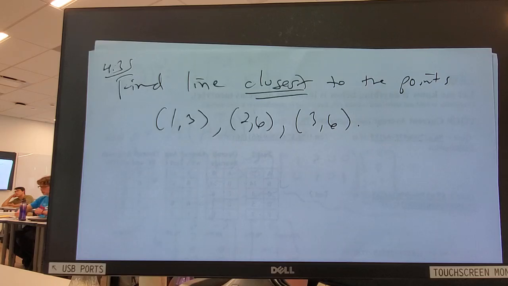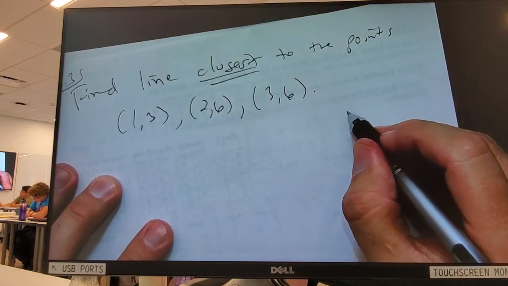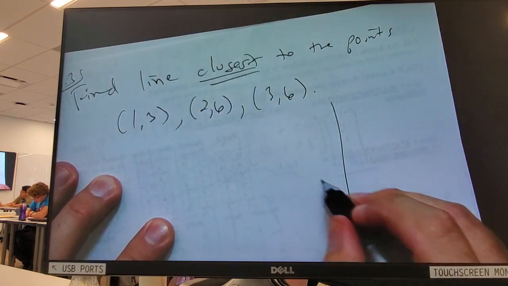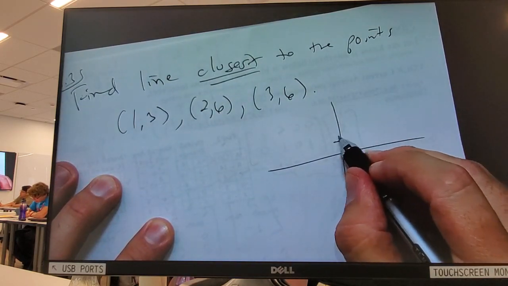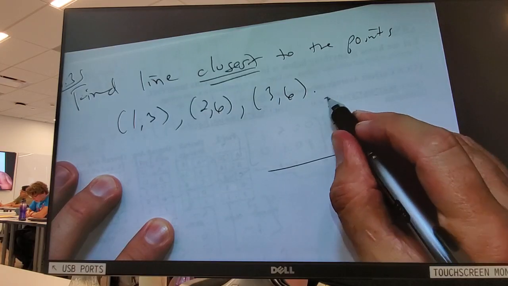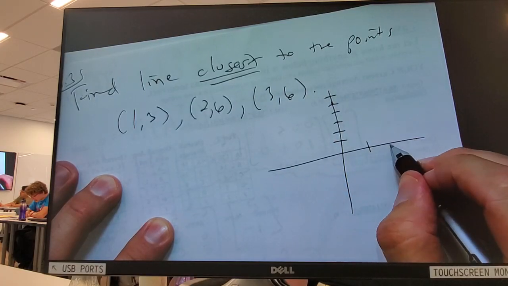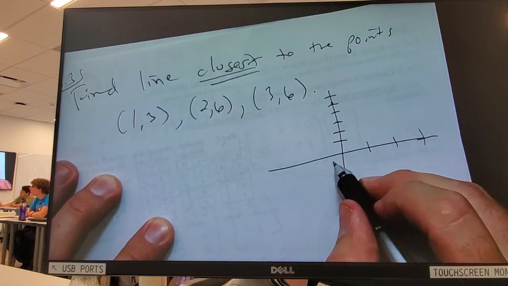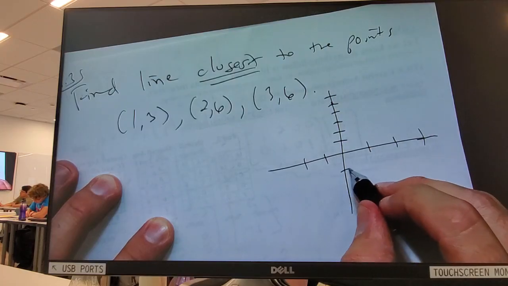Can you guys just real quick graph that? Just semi-decently make a little sketch by hand. Graph those points. Try to put a little bit of effort in. I got 1, 2, 3, 4, 5, 6 and 1, 2, 3. Doesn't matter.